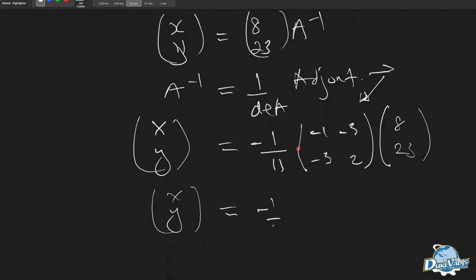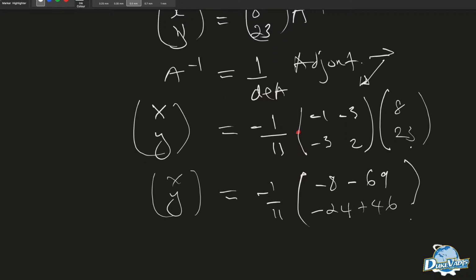negative 1 over 11 by negative 8, negative 9, negative 24, plus 2. So what happened is we take negative 1 and multiply by 8, 3, and after that we do the same with negative 3 and 2 and multiply by this, and this is what we get.